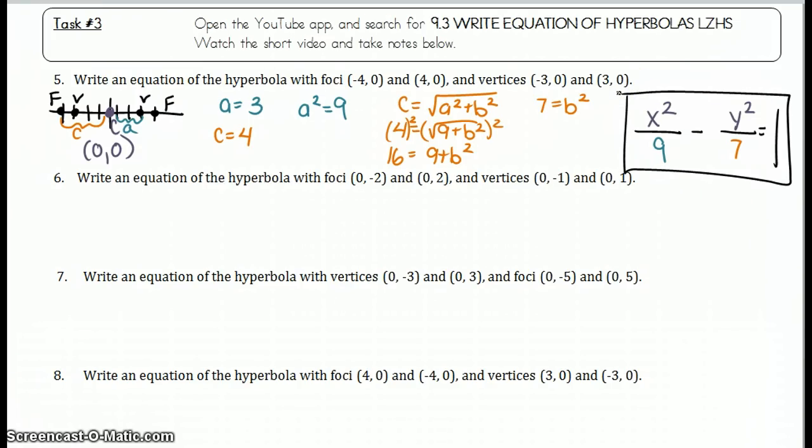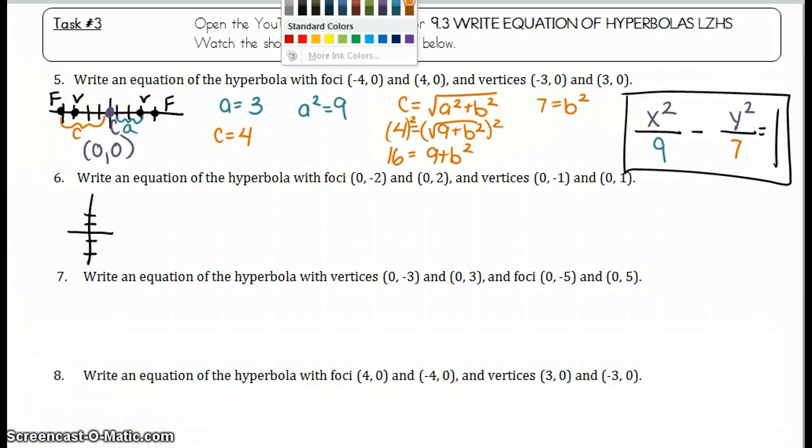I can now look at example 6 and do pretty much the same thing. I'm going to start again with the diagram. My foci are at (0, 2) and (0, -2).